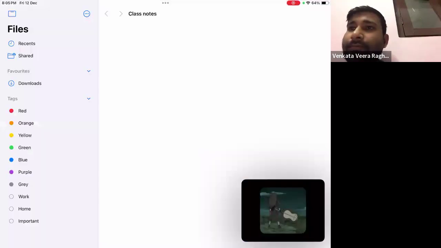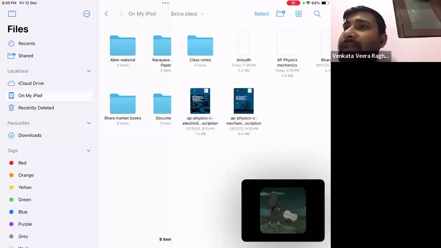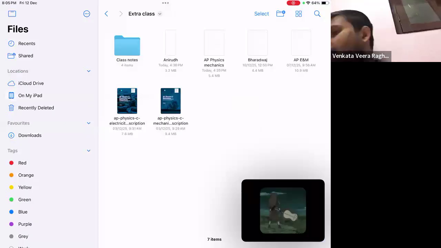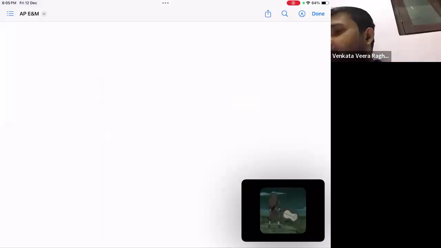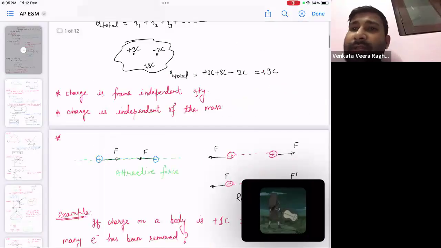So electric field we were discussing, isn't it? Electric field calculation. For the point charges we have calculated, and for the ring we have calculated on two points, one was the center, the other one was the axis.